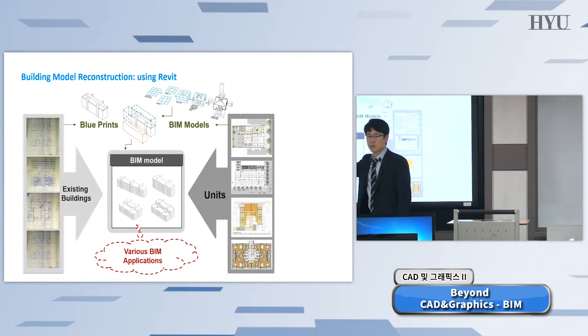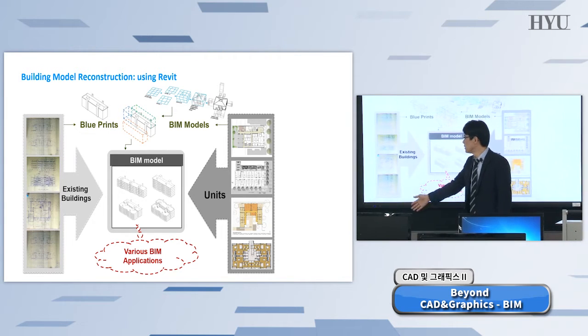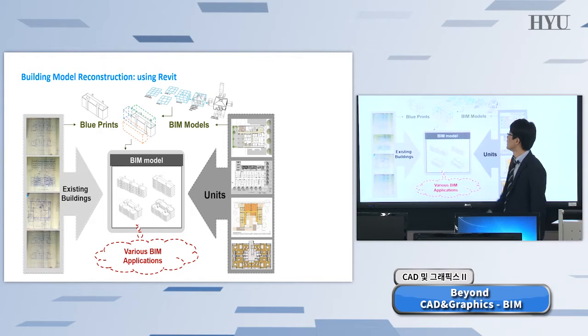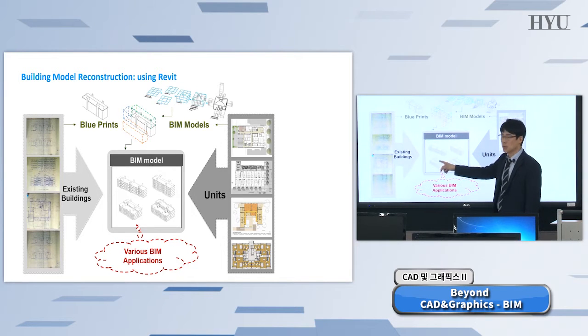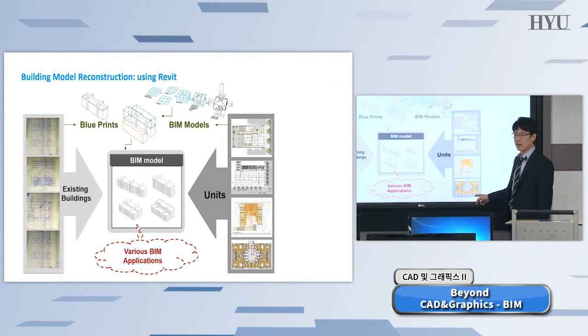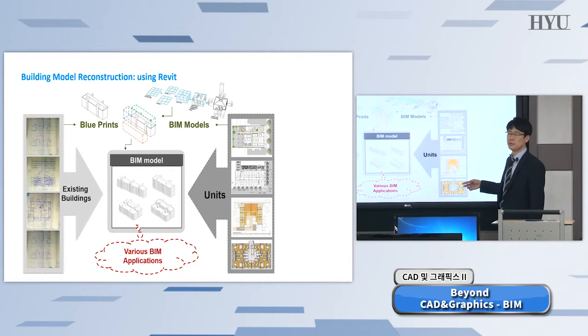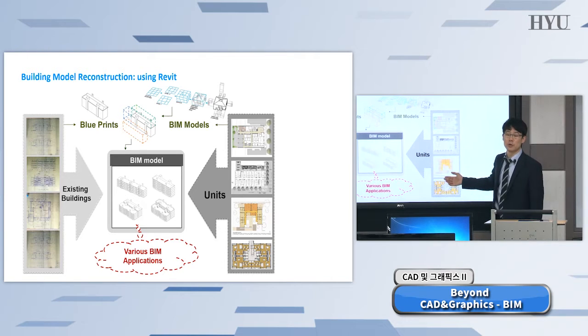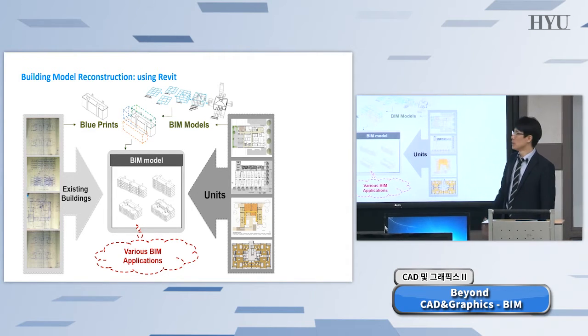There is an existing building, so given the blueprints, we modeled blueprint-based plans for new types of extension. And actually there are 3 or even more units: a unit for a single person, a unit for 2 persons, a unit for a disabled person, a unit for elderly housing, and so on.